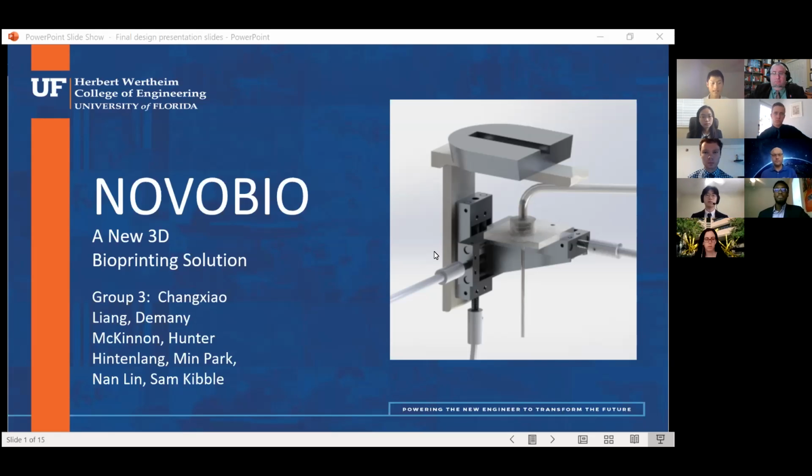Then we will highlight what makes our bioprinter unique. Next, we will provide a summary of our financial analysis. Last, we will explain to you why our design is worthy of prototyping in Mechanical Design 3.